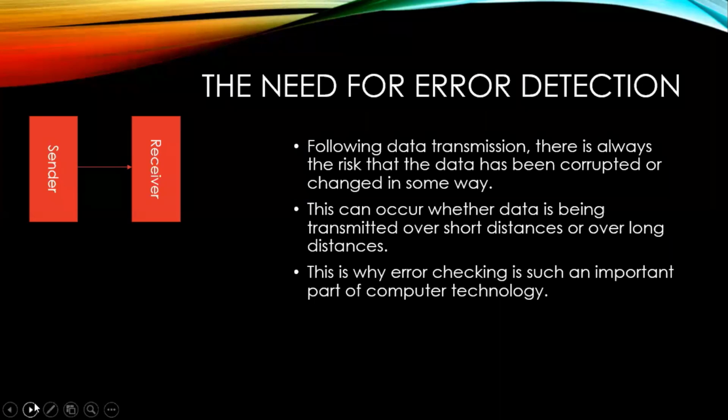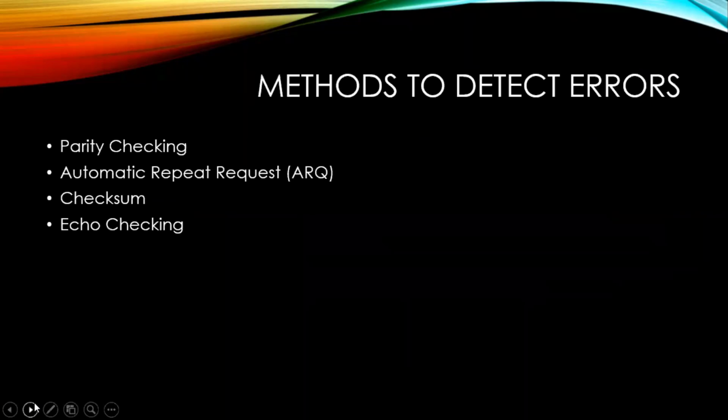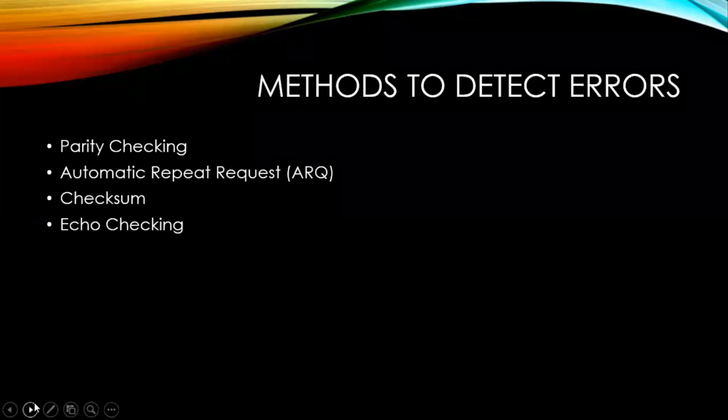For the exam, you must be able to analyze the differences between the different error detection techniques. Some of the methods to detect errors are parity checking, automatic repeat requests, checksum, and echo check. In this lesson, we're going to look at parity checking mostly.